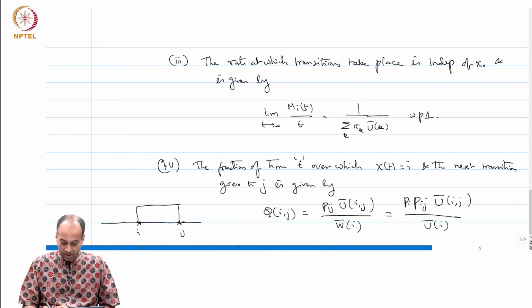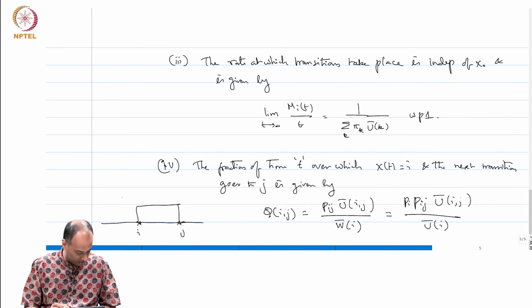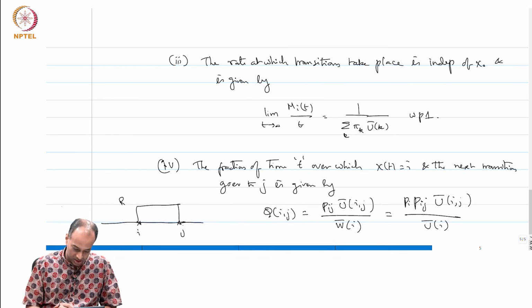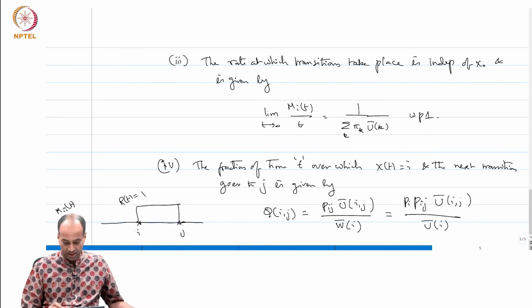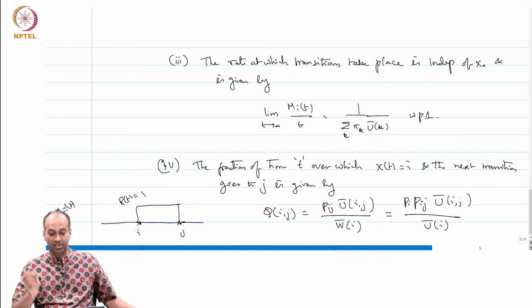So, you consider the renewal process M_i(t), and you give a reward of R(t) equals 1 whenever you are in state i and the next transition is to state j.